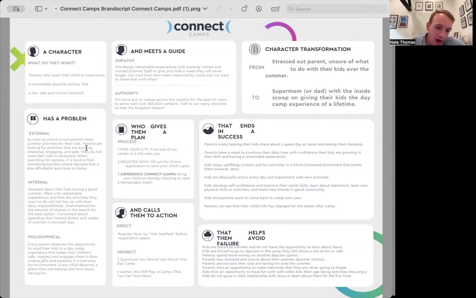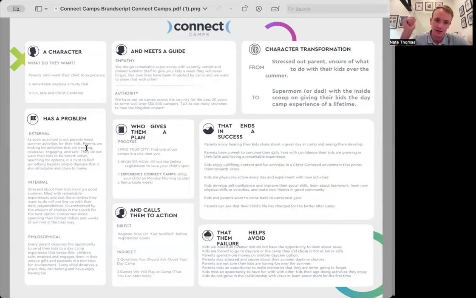And then philosophical is a shared belief among a group of people, for an entire culture rather than an individual. So external is outside looking in, internal is inside of that person and may not be obvious, and philosophical is for the group that they live in or that area.